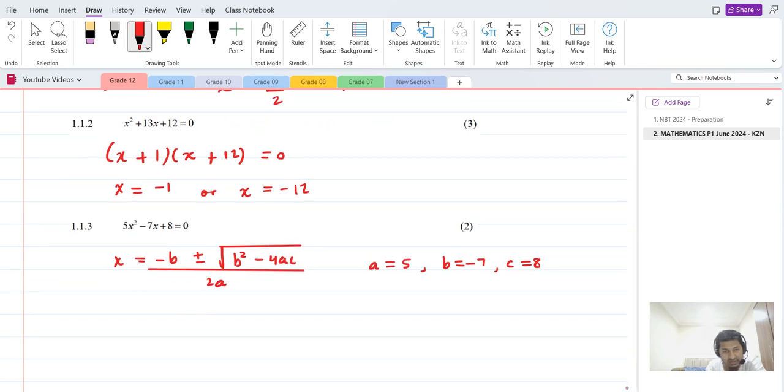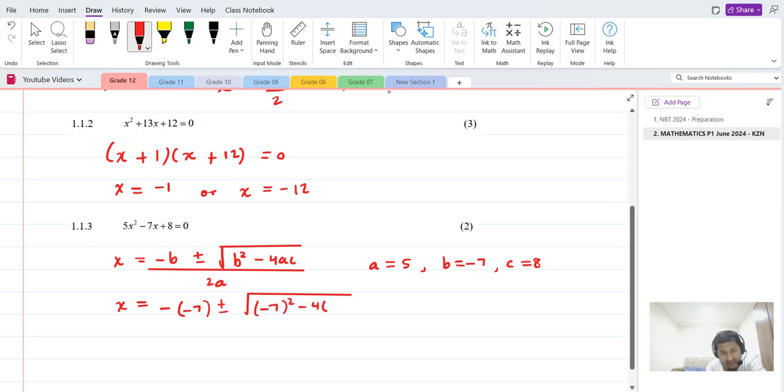So let us substitute everything. X equals minus b, which will give me minus 7, plus minus the square root of b squared minus 4ac. What is b squared minus 4ac? Minus 7 all squared minus 4, a is 5 and c is 8, and divided by 2a, 2 times 5.